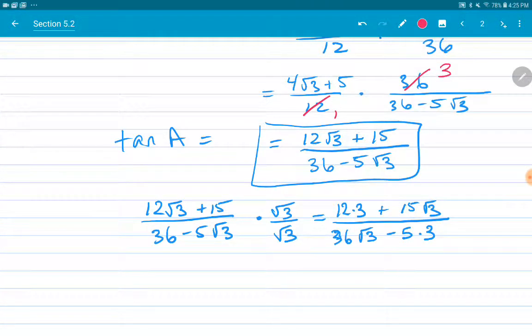But then when you do that, you can reduce a factor of 3 out of each term, not just the numerator and denominator, but each term. So a 3 from here would leave you with a 5, a 3 from here leaves you with a 12, and a 3 from here. And that gives you a final equivalent answer of 12 plus 5 radical 3 over 12 radical 3 minus 5. So you may see either of those answers.